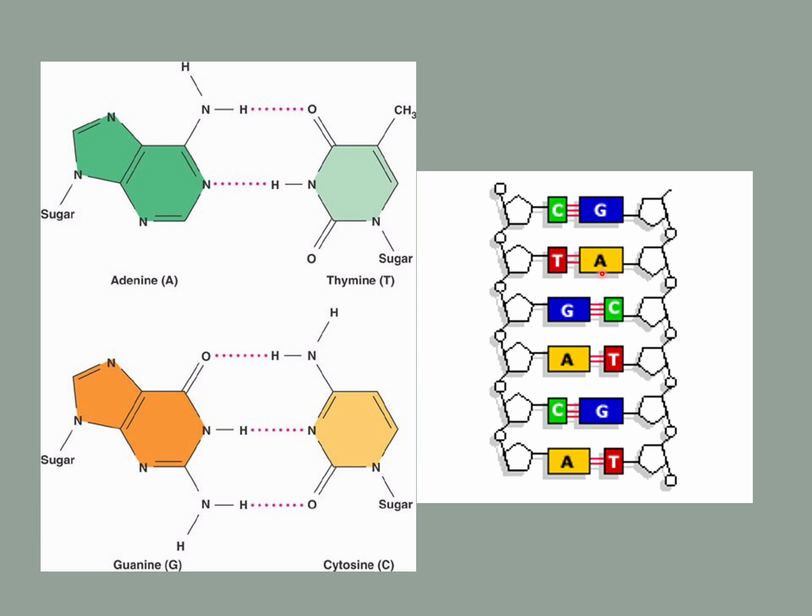Between thymine and adenine, there's only 2 hydrogen bonds. Also know that this is anti-parallel, meaning notice how this goes phosphate, sugar, but then the other side is going to go sugar, phosphate, sugar, phosphate. Notice your sugar has been inverted. So that's what they call anti-parallel.